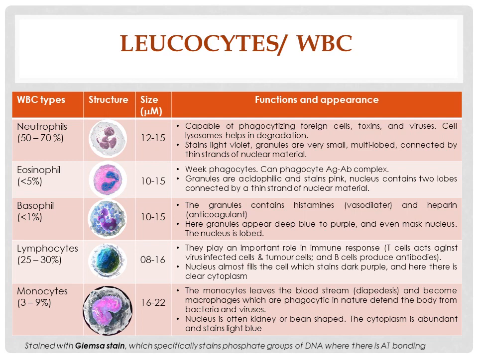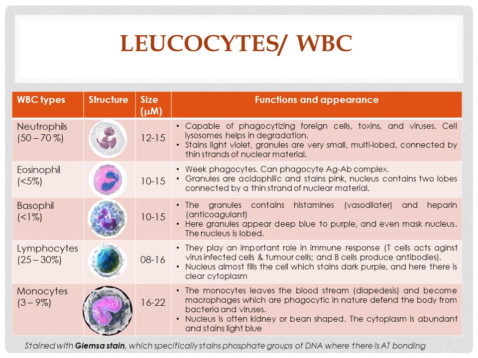Next is the monocyte. Monocytes are the biggest, around 16 to 22 micrometers in size, and since it is biggest, inside the blood, the monocyte leaves the blood by a process known as diapedesis.